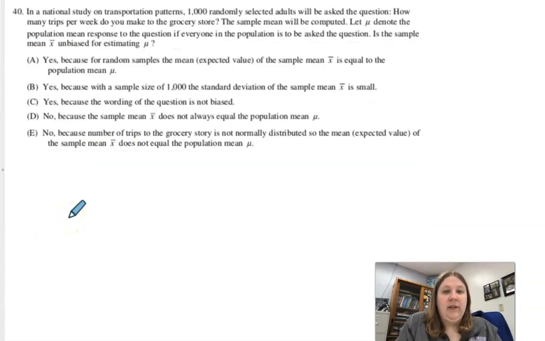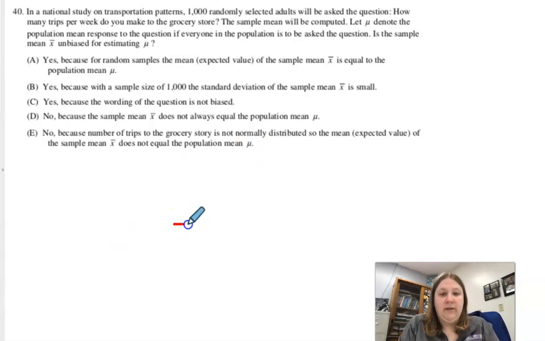Last one here then. So we're asking 1,000 adults a question, and we're finding X bar, which is the average number of times people go to the grocery store in a week. And we want to use that to estimate mu, which would be for the whole population. So when we're talking about an unbiased estimator, it's essentially saying that if I did this many, many times and put all those X bars together, would the middle of those X bars fall on mu?